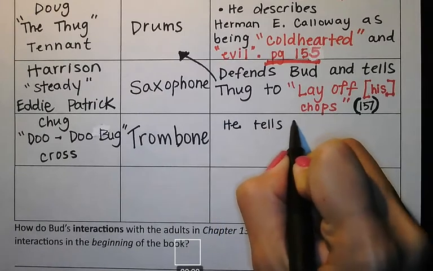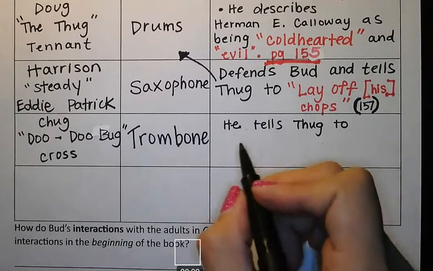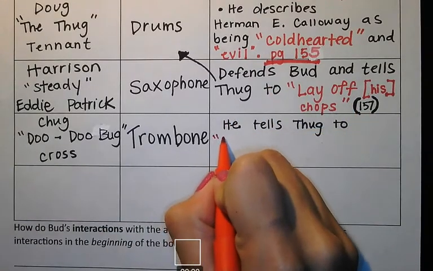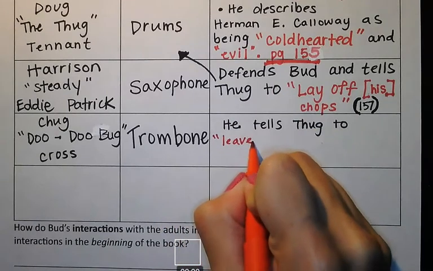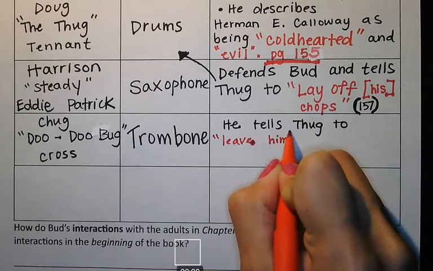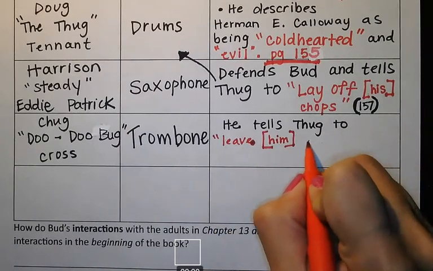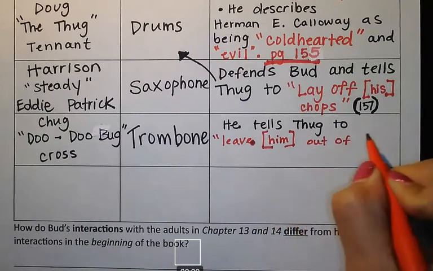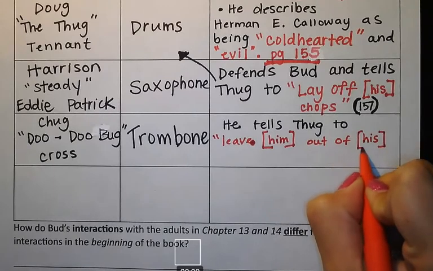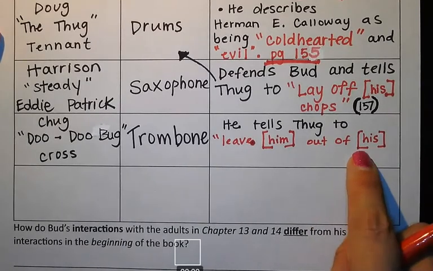He tells Doug to leave him, that word's being changed, out of his, right, that is being changed. What are these called again, these symbols?